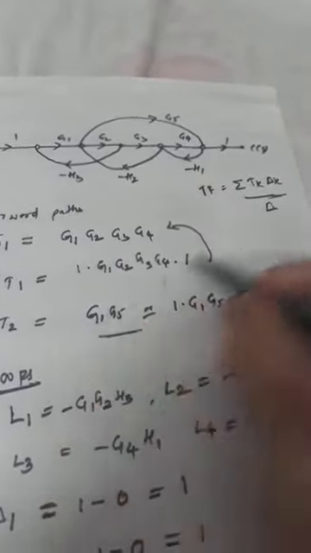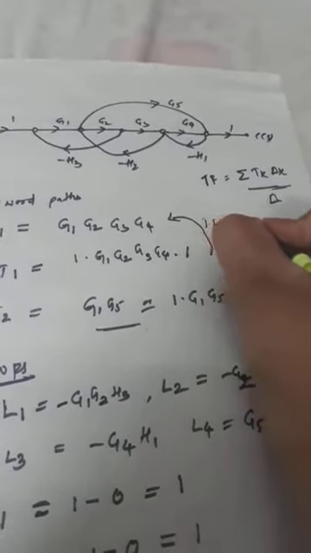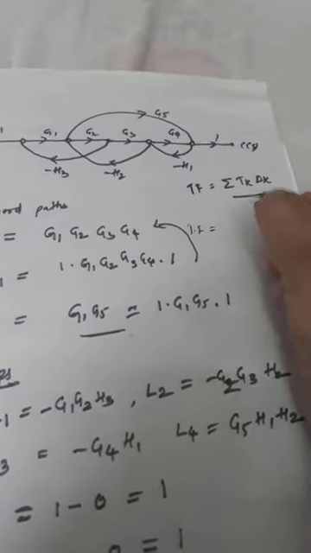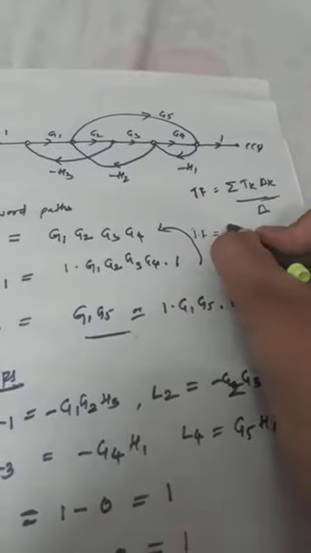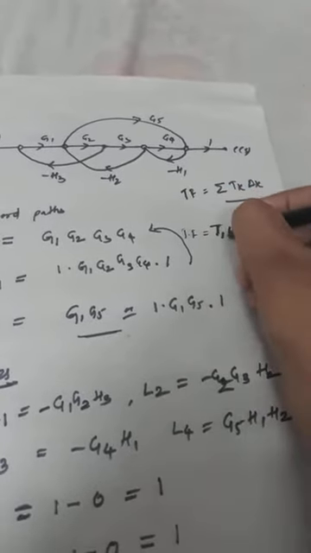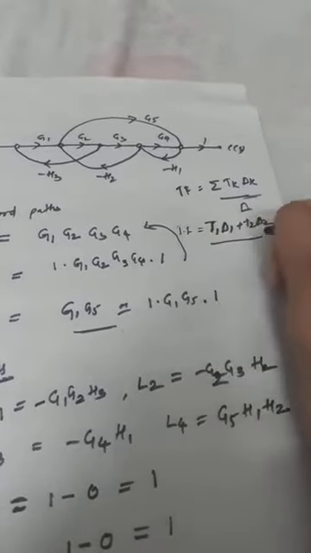If we got two forward paths, the transfer function using Mason's gain formula can be written as T1 delta 1 plus T2 delta 2 divided by delta.